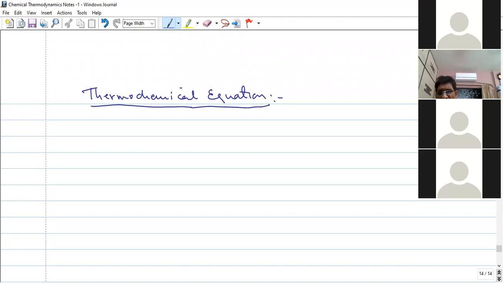A thermochemical equation can give you all information about a reaction. For example, C plus O2 is equal to CO2. This is a chemical equation.